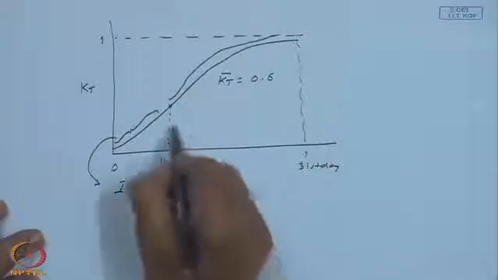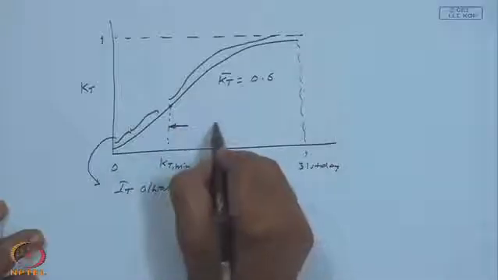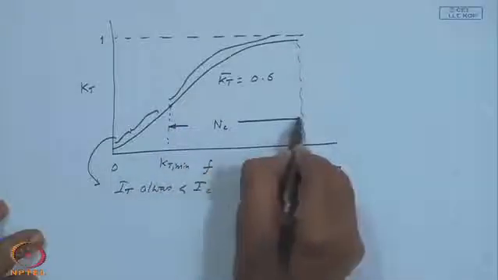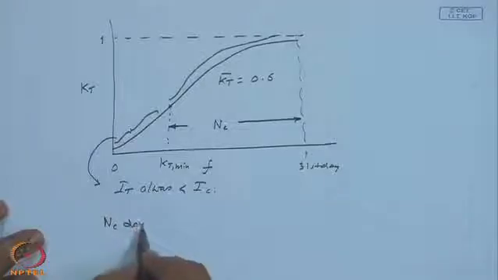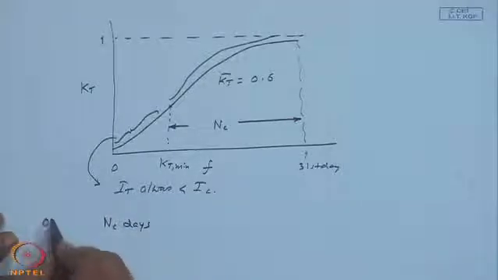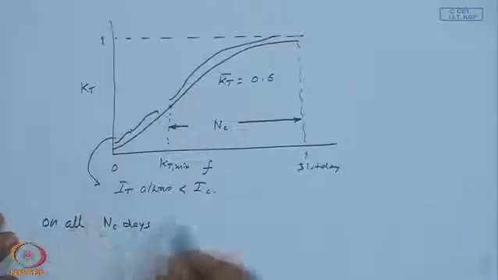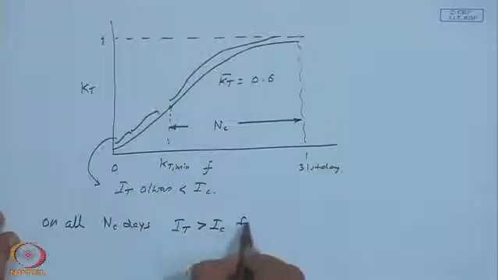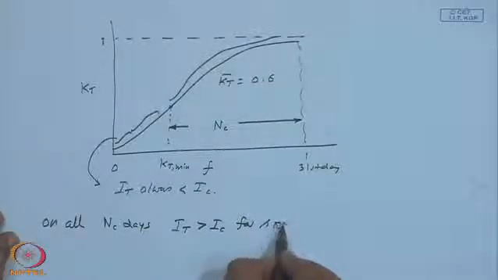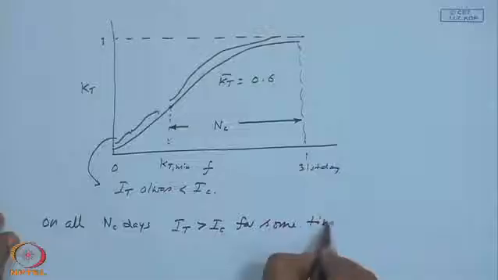So, in these NC days, on all IT is greater than IC for some time during the day.